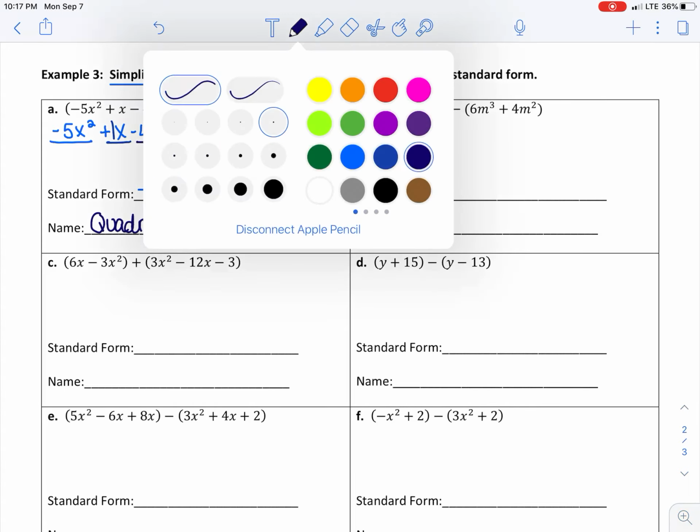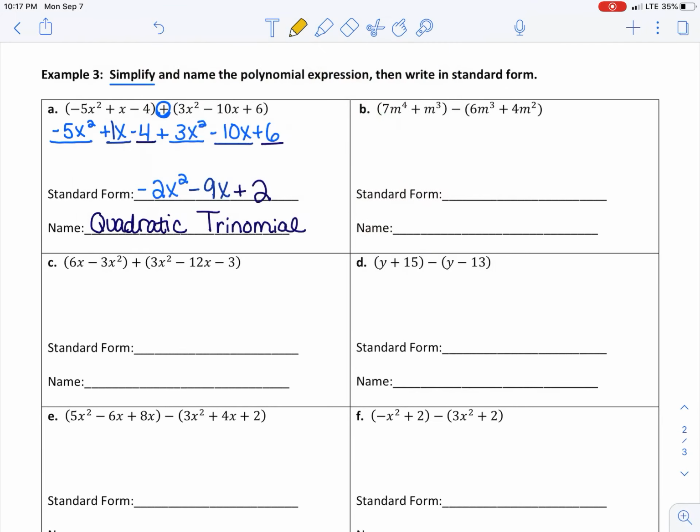Okay. Looking at example 8, it gets a little more tricky because we have a negative right here. If you have a negative in front of a set of parentheses, you have to distribute a negative 1 into your parentheses. So basically, we're going to take everything from this set and rewrite that.